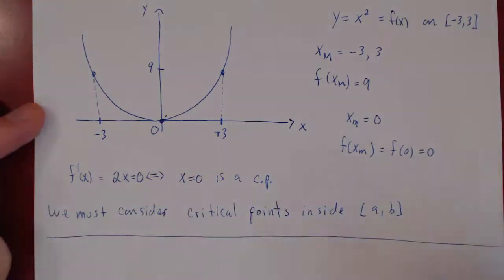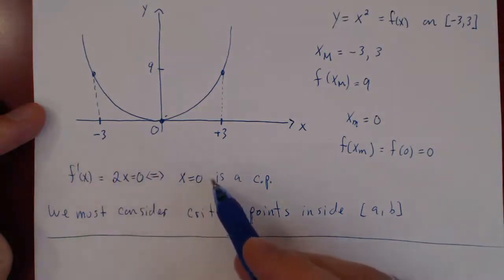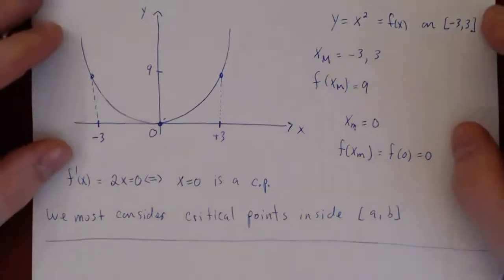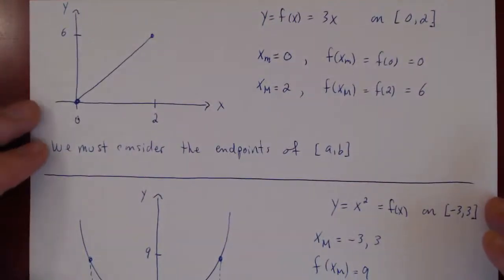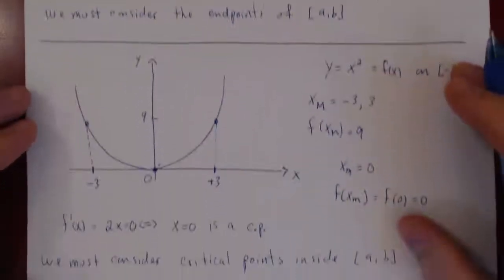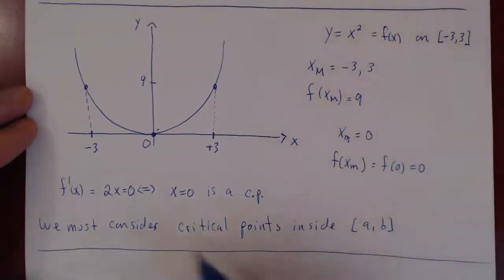And notice here that the critical point was of the type where the derivative is 0. So it was a point where the curve was flat. So far we have seen that a maximum value or a minimum value can occur at one of the two endpoints of the interval, or at a critical point inside of the interval.